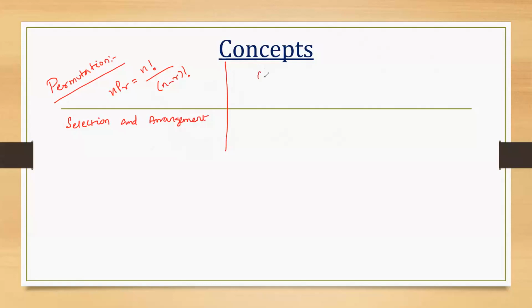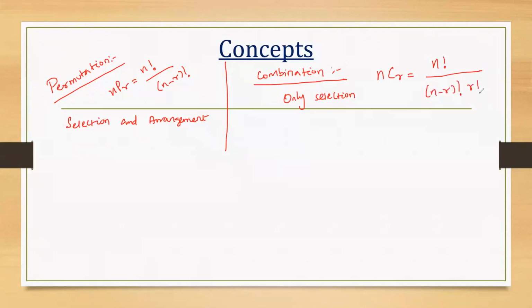In combination, only selection. So nCr is n factorial by n minus r factorial into r factorial. You can also write it as nPr by r factorial.